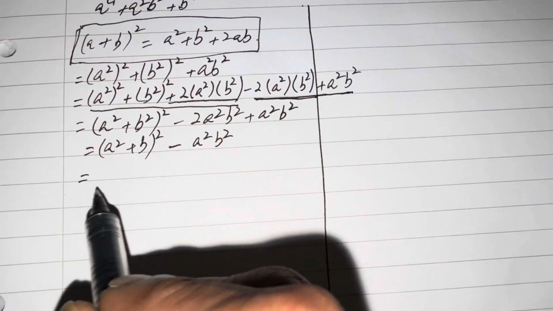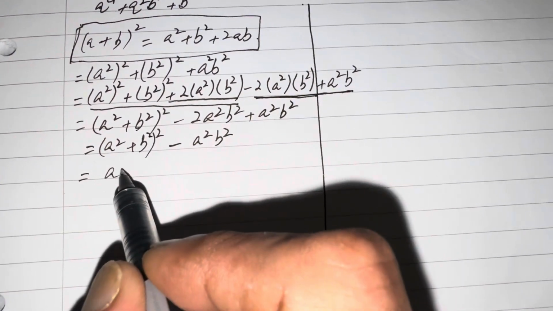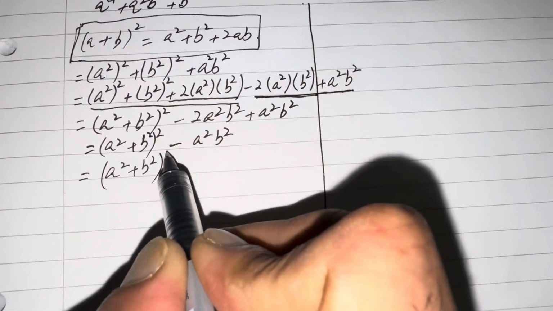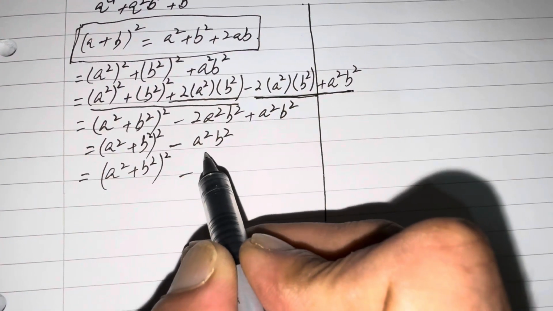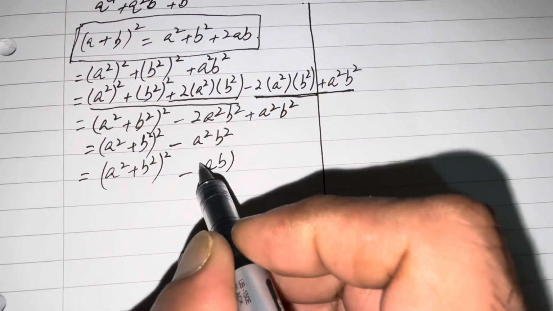So a square plus b square whole square minus a square b square can be written as ab whole square.